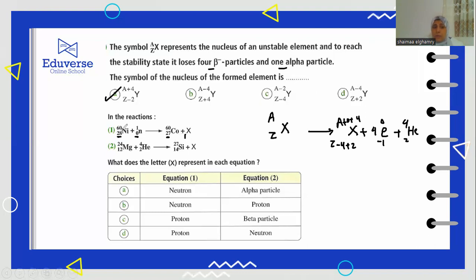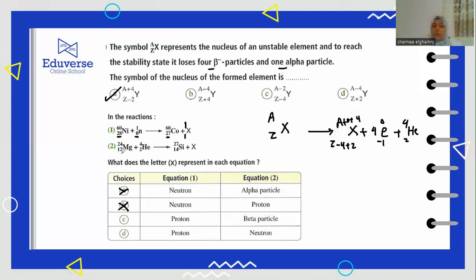Mass number here 60 plus 1, it's 61. So the atomic number also should be 1. So the first X, or X in equation 1, represent what? Neutron or proton. As we know that neutron increase the mass number but doesn't change the atomic number. The one which change both of them is what? The proton. So A and B for me exclude.